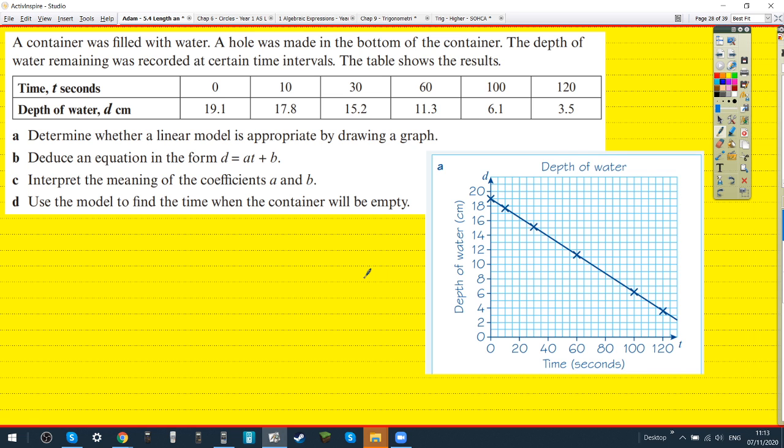Is it just asking whether or not the graph is suitable, like the way it was drawn? So you've heard a lot about an exponential graph. An exponential graph looks like this. A quadratic graph sometimes looks like this.